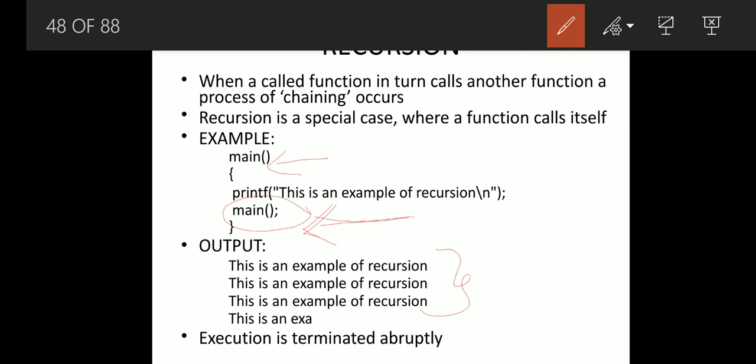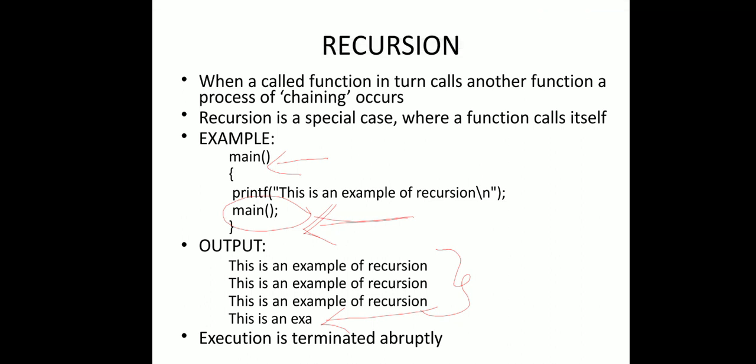If you interrupt the execution, it would give the result like this and it will stop. This type of stopping is called forceful termination, where execution is terminated abruptly. Okay, so let's see another example on recursion.